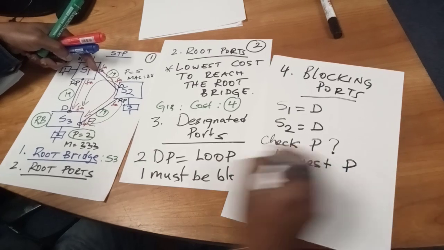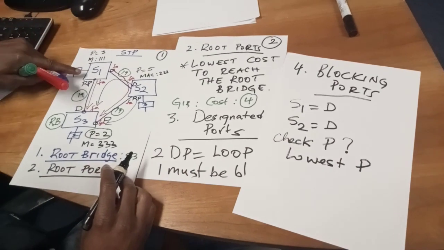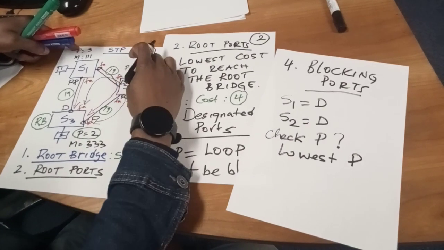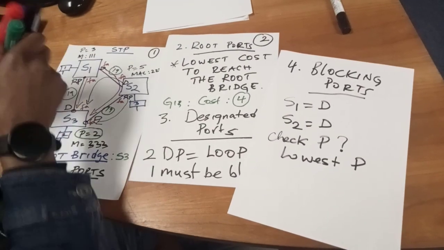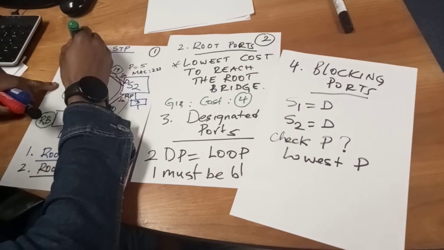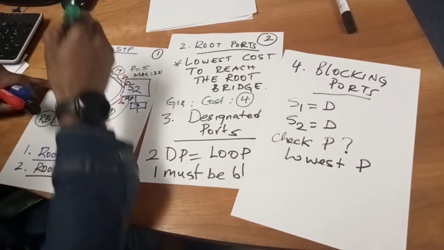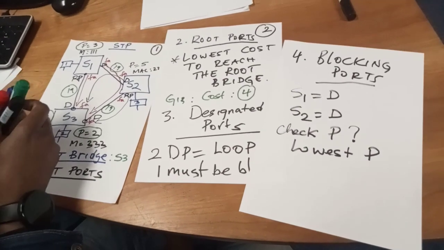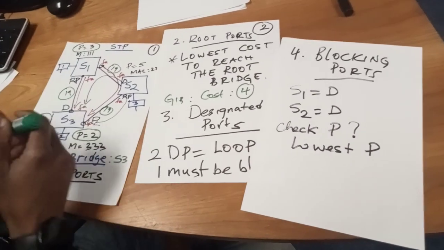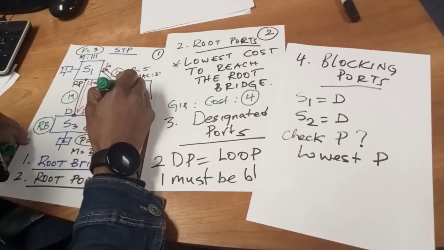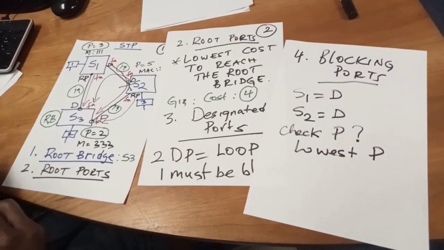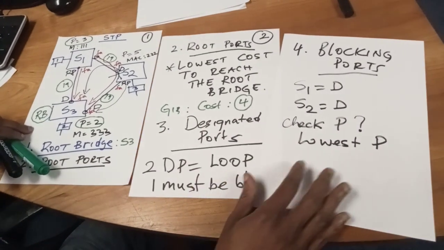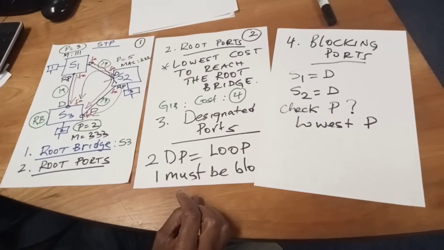You can see the priority of switch number 1 is 3. The priority of switch number 2 is 5. The lowest priority is this one. It means this designated port is the one that's going to be blocked when there is a problem. So this is the blocking port.